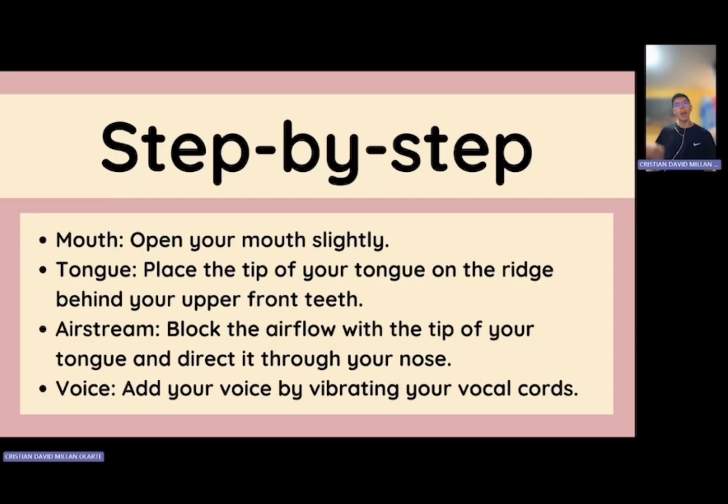Yeah, and how to do the airstream. You have to block the air with the tip of your tongue, and then direct it through your nose. So you have to do mm, mm, mm. As your voice is vibrating your vocal cords, this means that the N sound is also voiced.